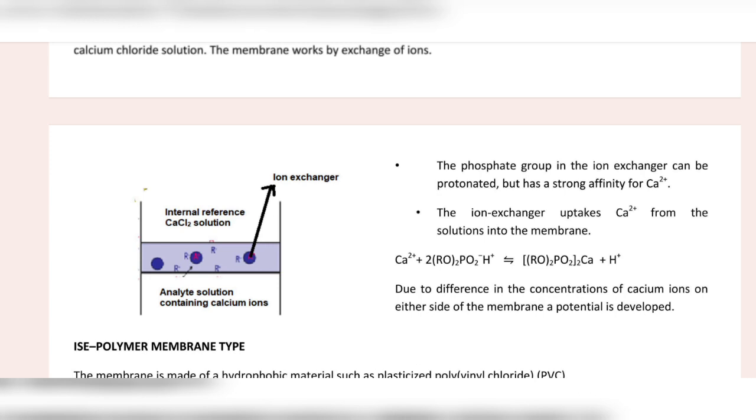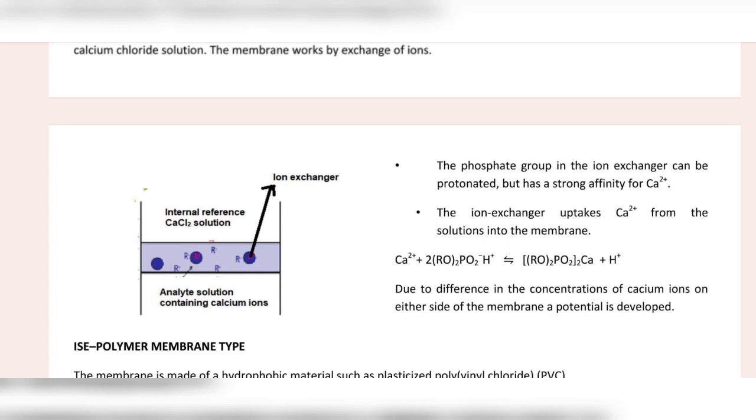That liquid membrane consists of a cation exchanger, which is capable of exchanging Ca2+. This phosphate group is protonated, so it consists of H+ ions that can be exchanged by Ca2+. So the ion exchanger takes up Ca2+ from the solution into the membrane by the following reaction: Ca2+ plus 2 (RO)2PO2-H+.